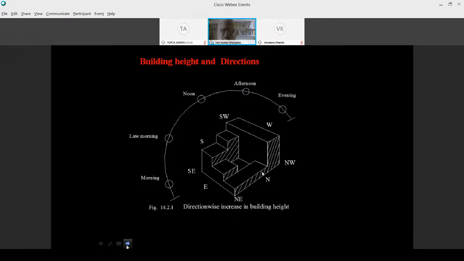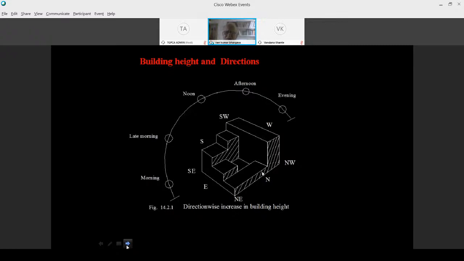So the western side will shade the part in front of it towards the east. That part will again shade the part of the building which is at lower height, with less height toward the east, and so on.